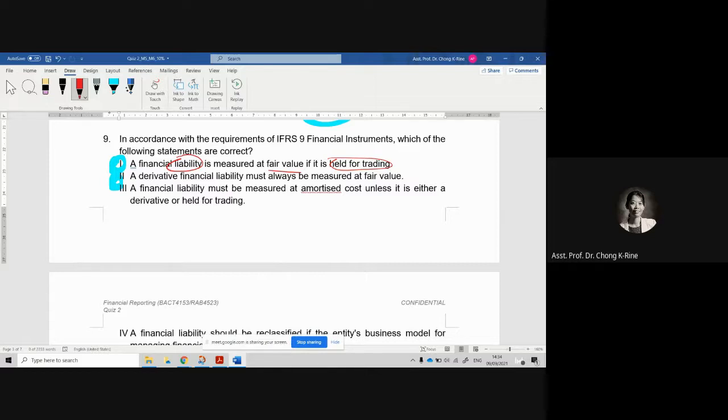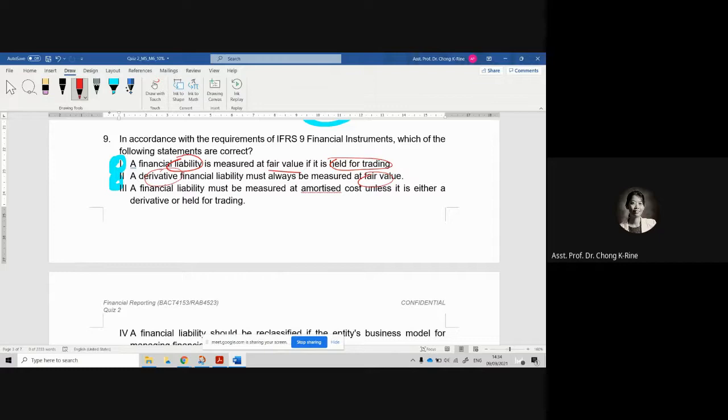Number 2, a derivative liability must always be measured at fair value. Correct, right? Because a derivative, no matter whether it is a derivative financial asset or a derivative financial liability, also has to be measured at fair value. So it is correct.